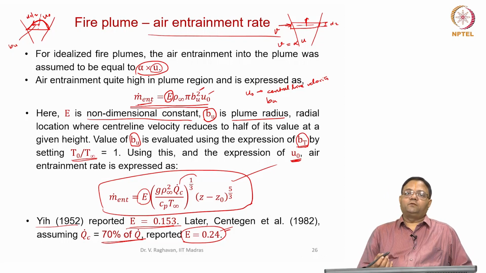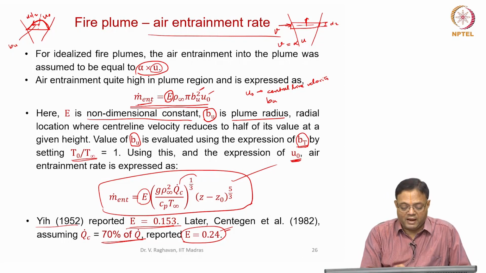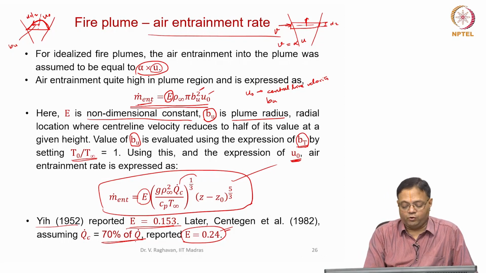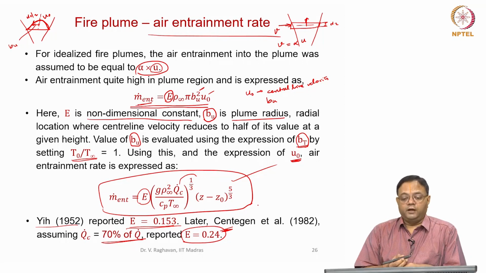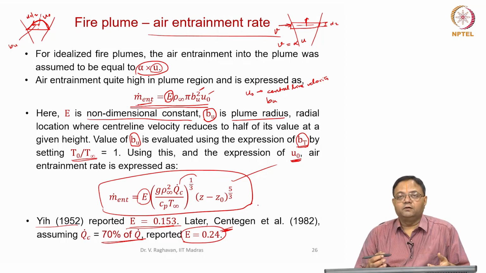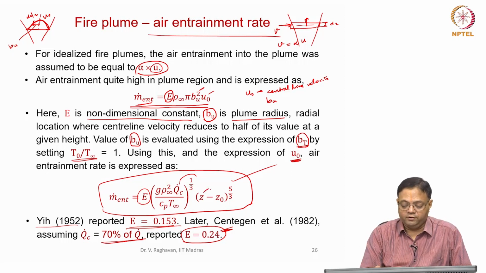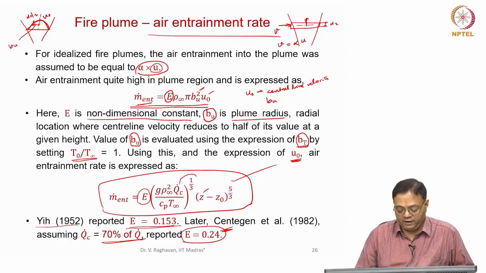As we told earlier, it may be 60 to 80%. So by taking Q dot C as 70% of Q dot, E was proposed as 0.24 in the literature. Okay. So this is an expression which will give you the air entrainment rate in the plume region as a function of z, which is dependent on the heat release rate.